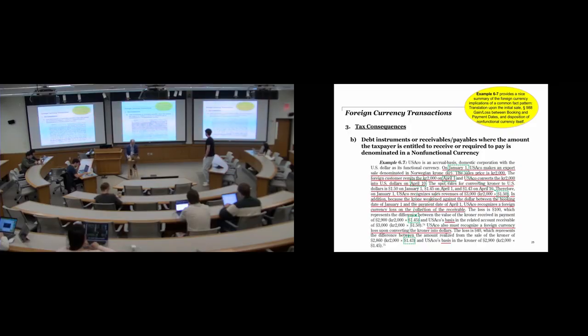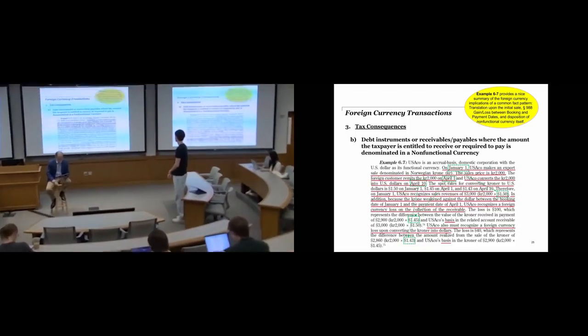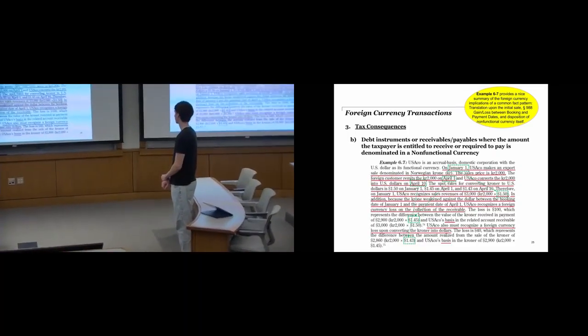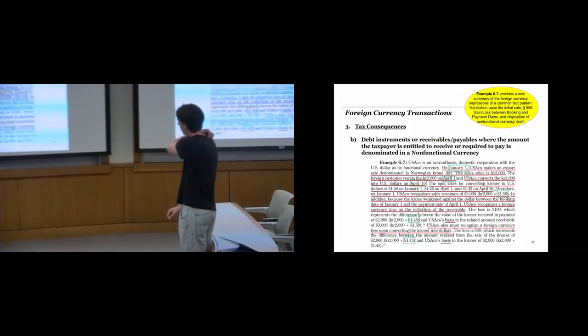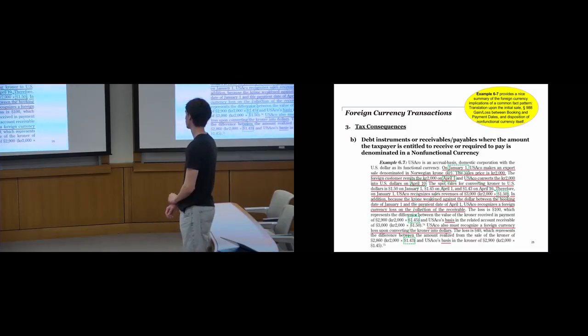Okay? In addition, because the krone weakened against the dollar between the booking date of January 1st and the payment date of April 1st, USACO recognizes a foreign currency loss on the collection of the receivable. The loss is $100, which represents the difference between the value of the krone received in payment of $2,900 and USACO's basis in the related account receivable of $3,000.